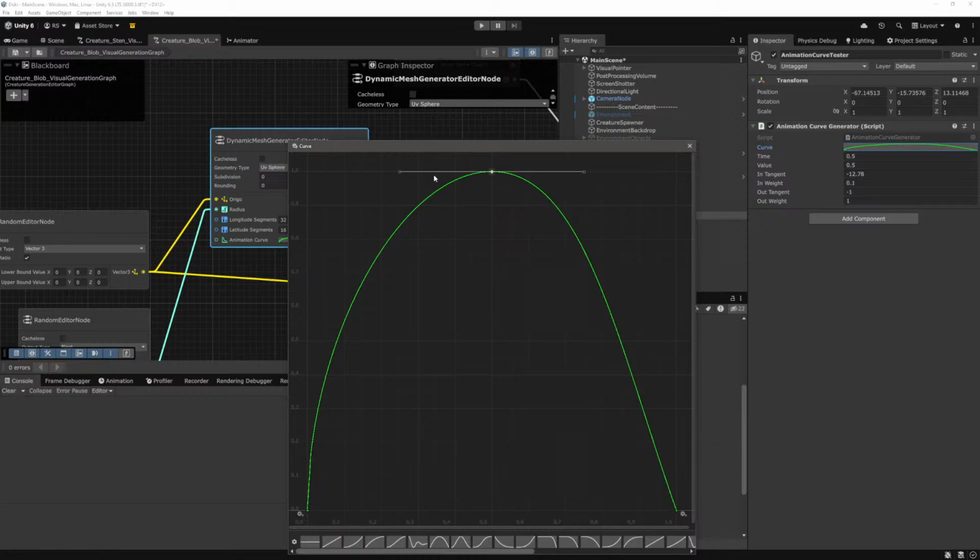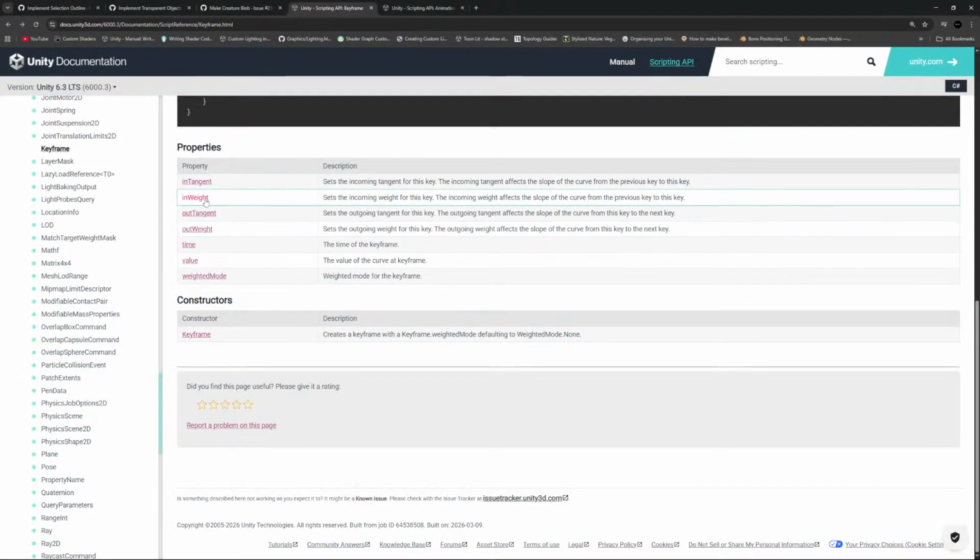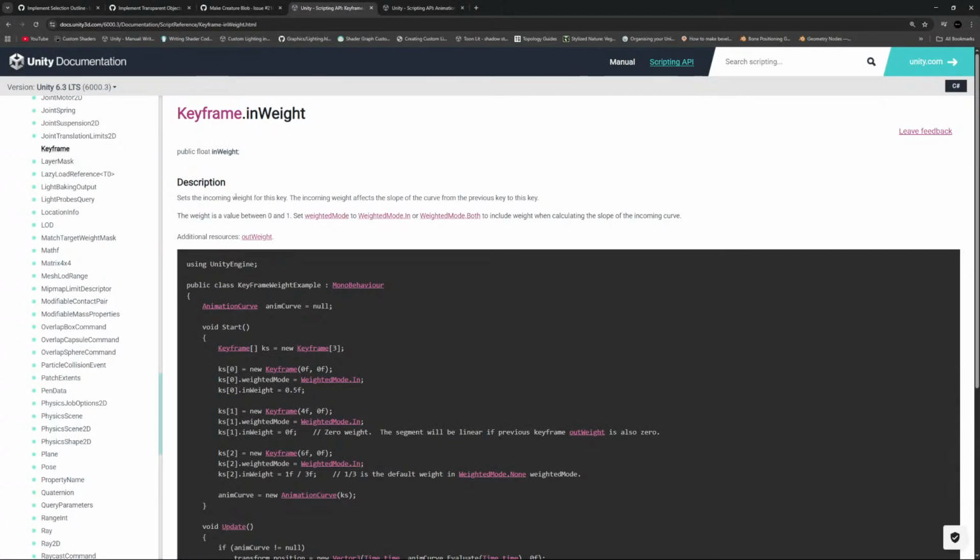Am I misunderstanding the weight value? The weight value is a value between 0 and 1.